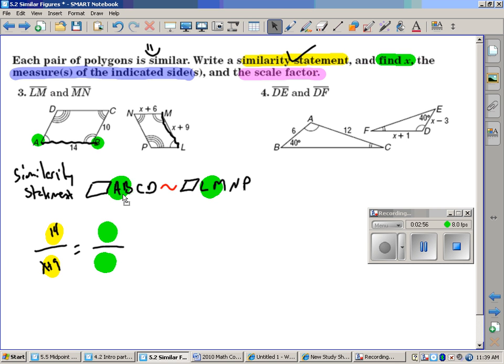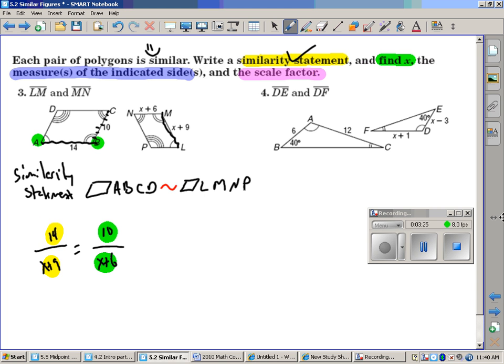The first two vertices of my similarity statement correspond to the first two vertices of my second similarity statement. 14 over x plus 9 is then going to equal, well, I have this side, so I'll write 10, over the 2 to 3 tick mark, which would be x plus 6. So now I have my proportion: 14 over x plus 9 equals 10 over x plus 6.